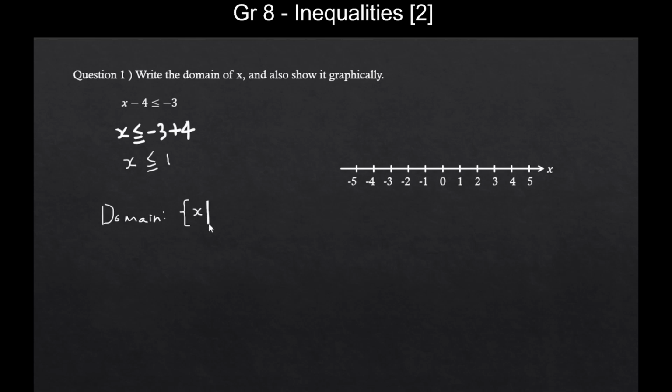This is a wall, and after the wall I will put this information in here. So x is smaller than or equal to 1, comma, and now I have to show the type of the number, the type of x. x could be any real number.